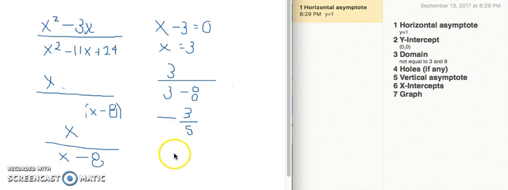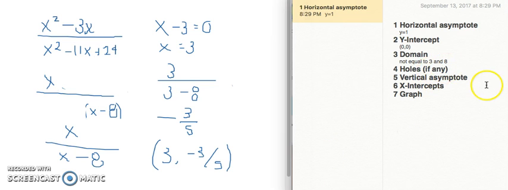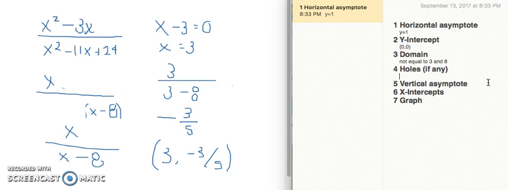So the hole will be at (3, minus 3/5). Now we register it here. There is a hole at (3, minus 3/5).